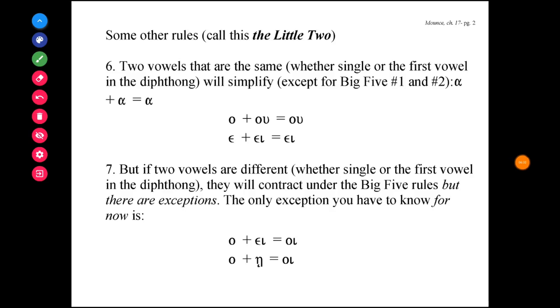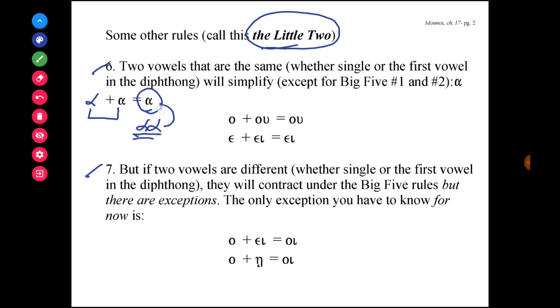Now that we've learned the Big Five rules, there's two additional rules that I've called the Little Two, and which Mounce identifies as rules 6 and 7. The sixth rule, or the first of the Little Two rules, is very simple. When two vowels that are the same combine, it simplifies to the same vowel. So you'll never see alpha and alpha together.